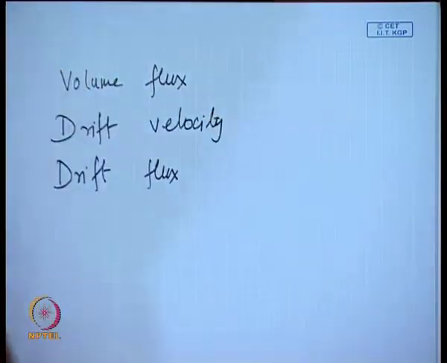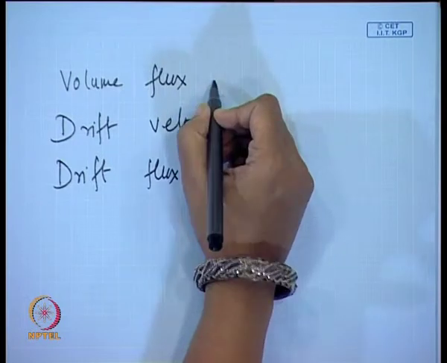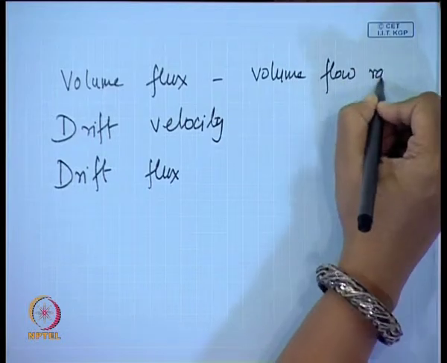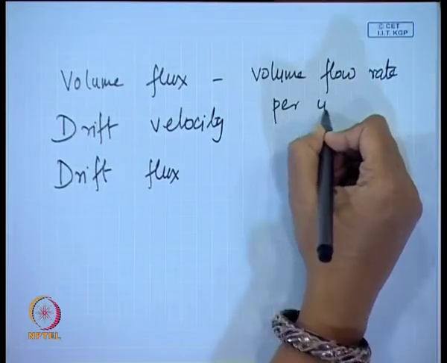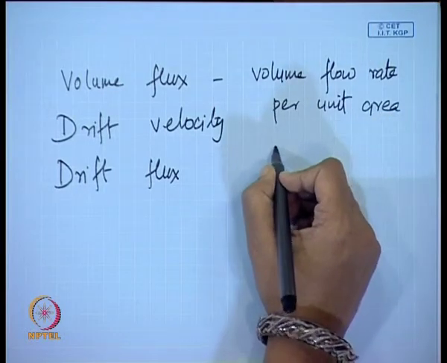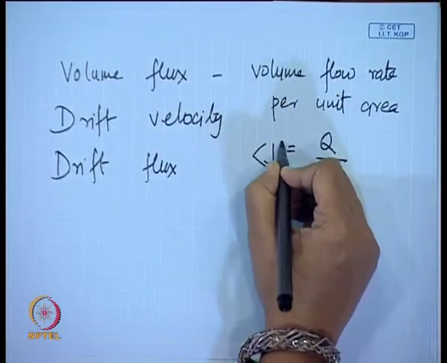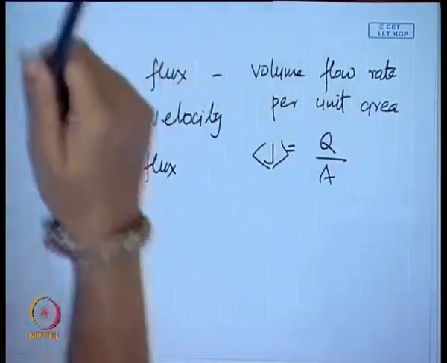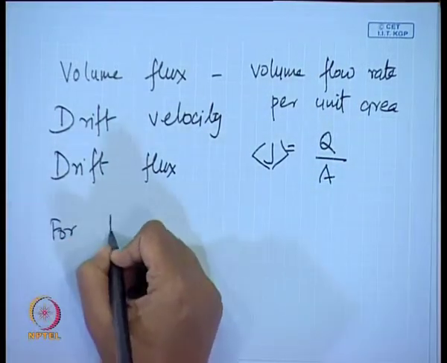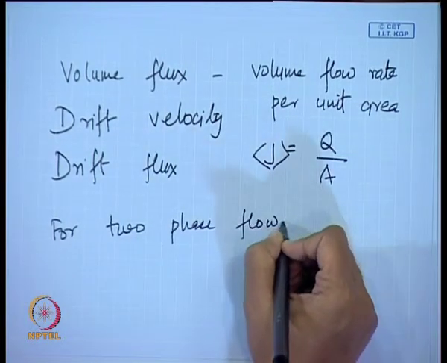As far as the volume flux is concerned, as we have already defined, it is simply the volume flow rate per unit area. This is J equals Q by A. Usually it is the average J that we find, and for two phase flow situations, naturally we have to give certain subscripts.